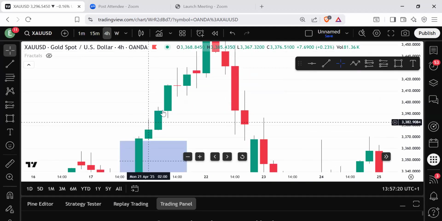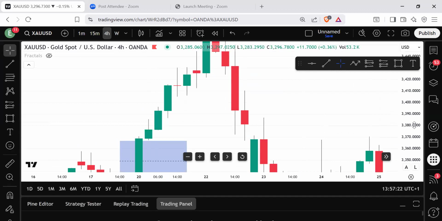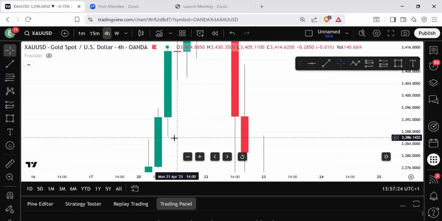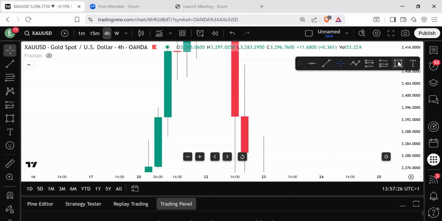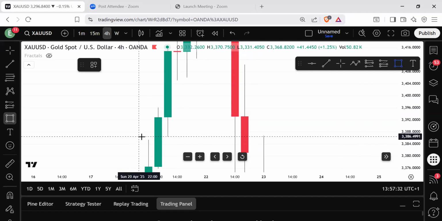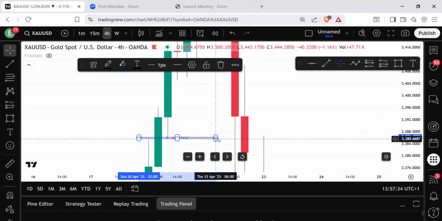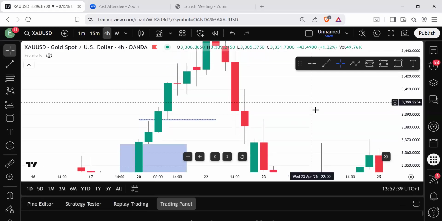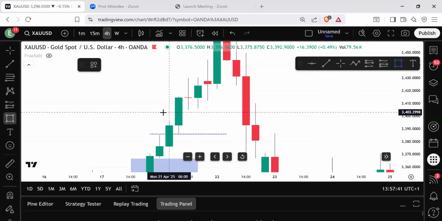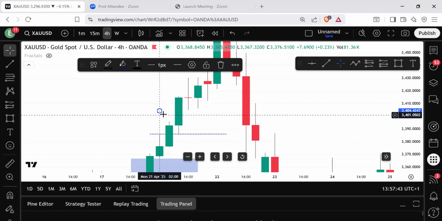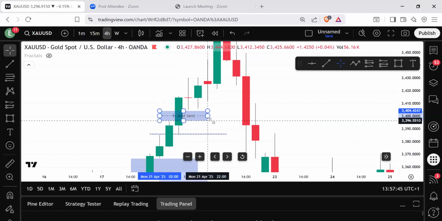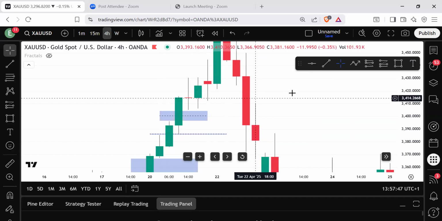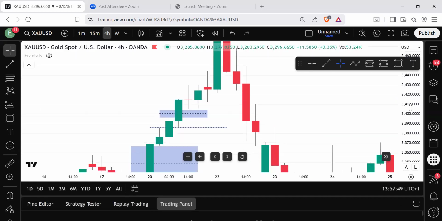Now, between this and this, there's a small gap. Very small. And this is a gap. Next also there is a gap. So that's what we call fair value gap.